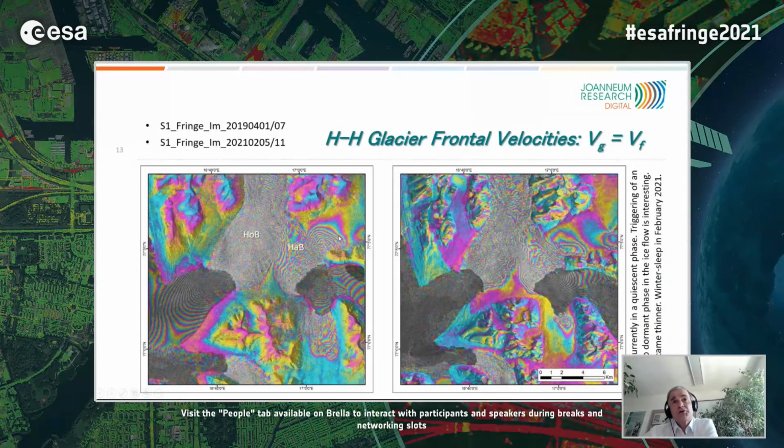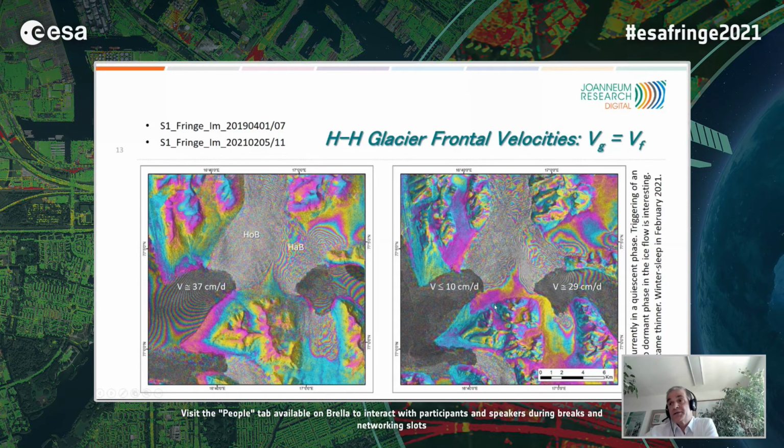Then fringe images from 2019 and 2021, these are two, were used to measure frontal glacier velocities under the supposition that the glacier front speed is equal to the speed of the fast sea ice translation due to the glacier flow.